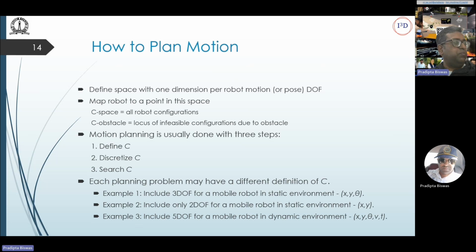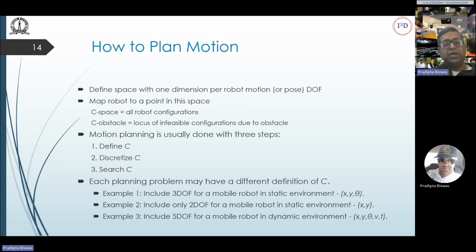Now say your job is to bring the robot from this corner to that corner, and you really do not care about the orientation of the robot. You want to physically bring the robot there. Then you can configure the configuration space maybe as 2 dimensions, X and Y, same as the workspace, or maybe 3 dimensional X, Y, Z, because you do not care about the orientation.